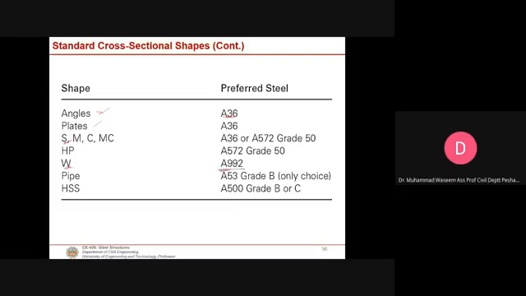But we will mostly use this steel. This is just a recommendation. If you want to use this section, it should be made of this material. For beams and channels, it can be either A36 or A572.